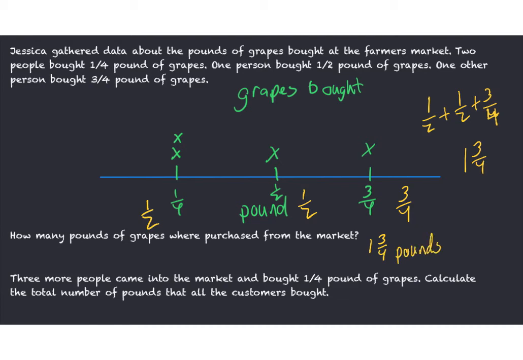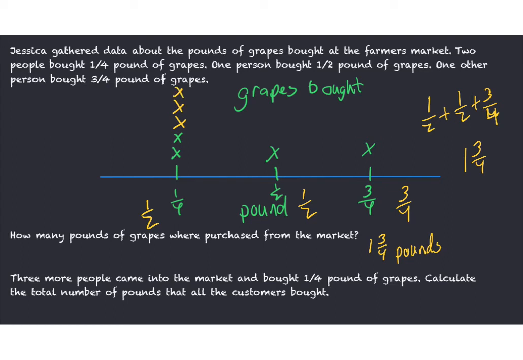Our next question here says, 3 more people came into the market and bought 1/4 pound of grapes. Calculate the total number of pounds that all the customers bought. So what if 3 more people came in? That means that I would add 3 more X's up here above the 1/4.